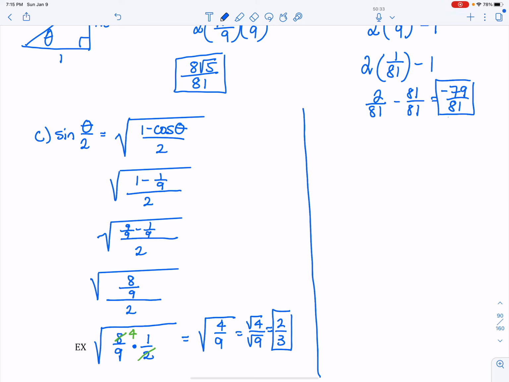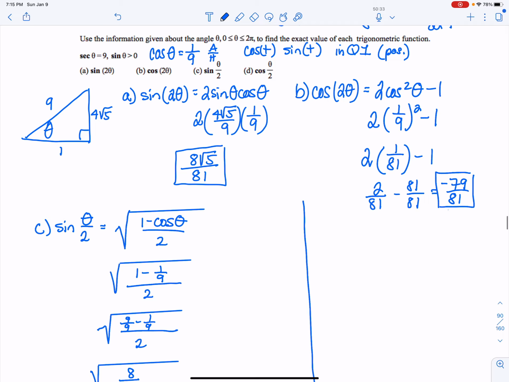Okay, let's do D. D is asking us to find cosine of the half angle. So once again, we have the square root of, and I'm going to put a line here just to kind of get this off. And remember, it's positive because I'm in quadrant 1.